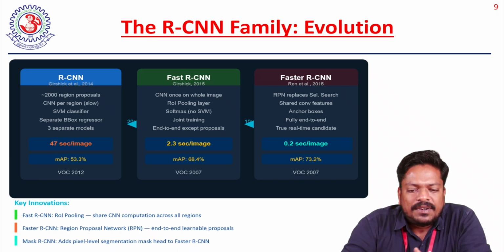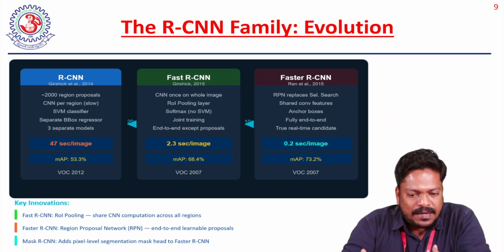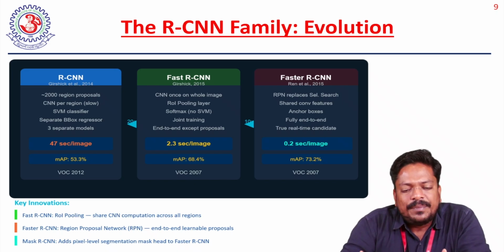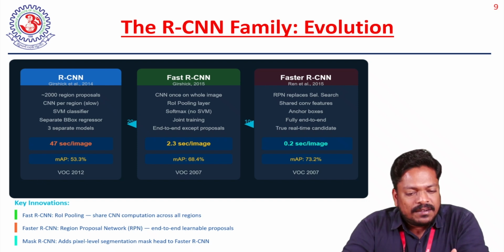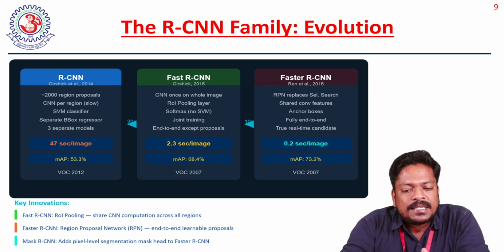So then they invented the fast RCNN. Let's see the time delay between RCNN and fast RCNN. The RCNN for inference will take 47 seconds to detect the objects in an image. But what about fast RCNN? It uses only 2.3 seconds to detect an object in an image.